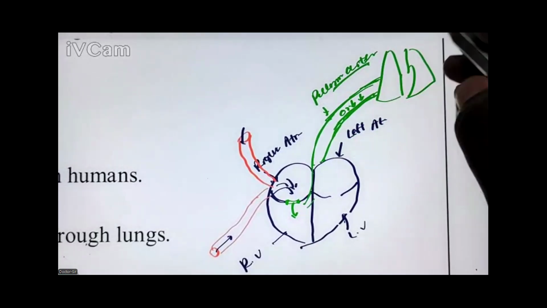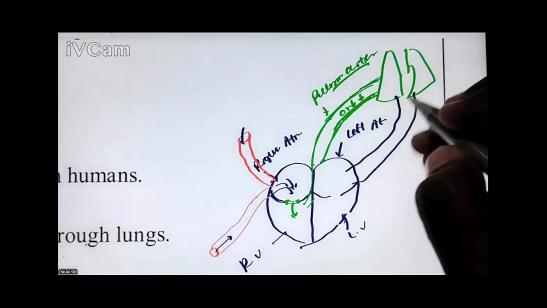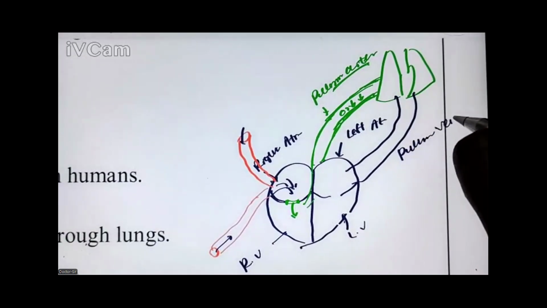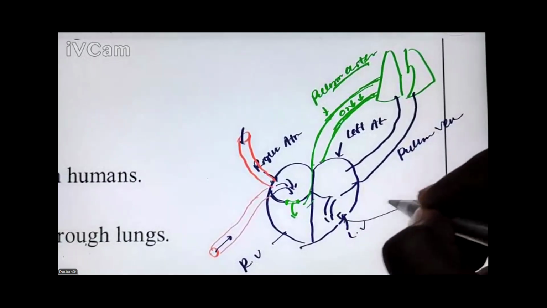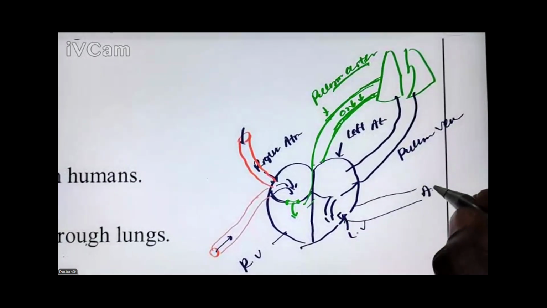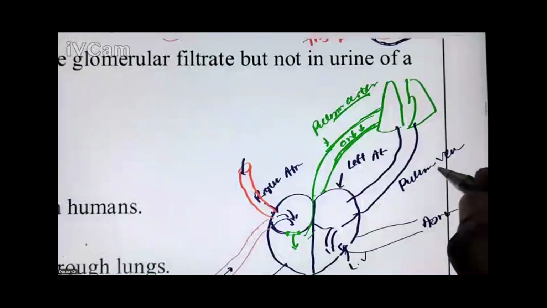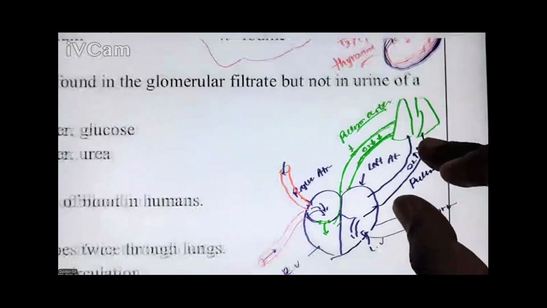Then blood comes back to the heart through the pulmonary vein system, to the left side, and through the aorta it goes throughout the body. Usually the vein system has deoxygenated blood, but the pulmonary veins have oxygenated blood, that means oxygen-rich blood.